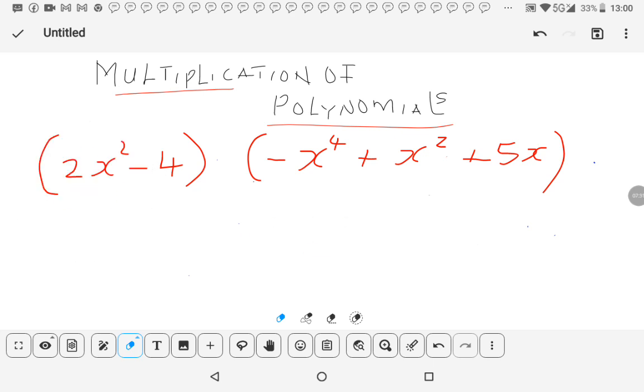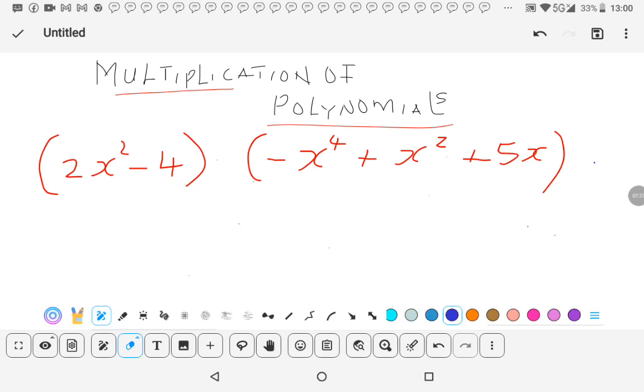It's very simple to multiply them. To multiply this, you are going to take this term and multiply it with everything here on one side. Then also you take the next term, which is minus 4.